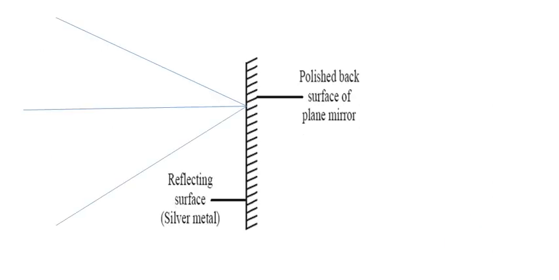Let us see the next one. Formation of image. It is a plane mirror, and this side is a polished surface. The back of the plane mirror is coated with black paint, and the reflecting surface is silver metal.